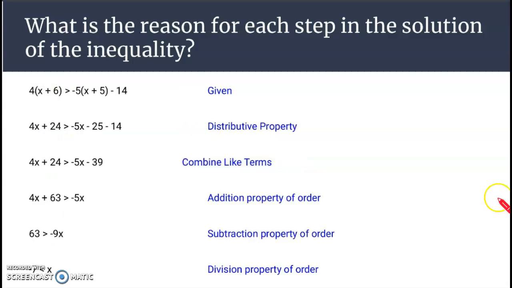Let's look at one more and make sure we see what's going on. Given is 4x plus 6 greater than negative 5x plus 5 minus 14. Two distributive properties on this one. 4 times x, 4 times 6. That's how we get the 4x and 24.